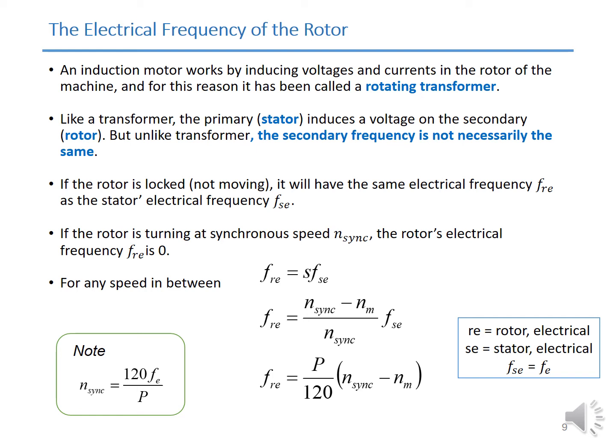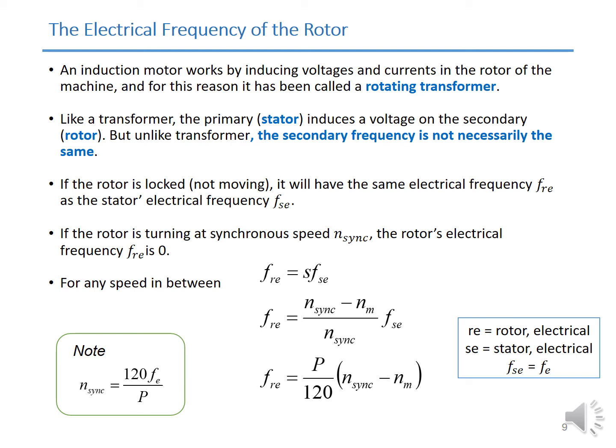If you apply an AC voltage to the primary winding, a voltage will be induced in the secondary winding. Similarly here, we apply AC voltages onto the stator winding, then voltage will be induced in the rotor windings.